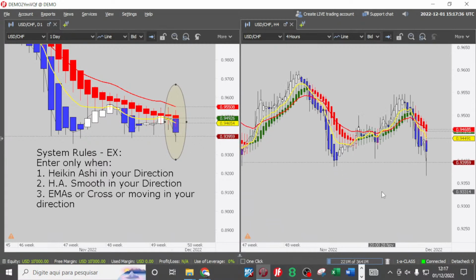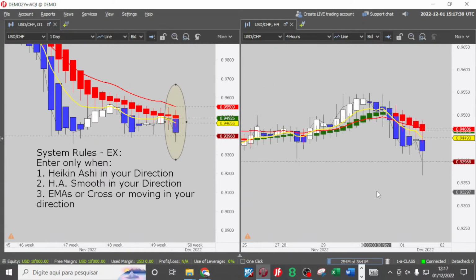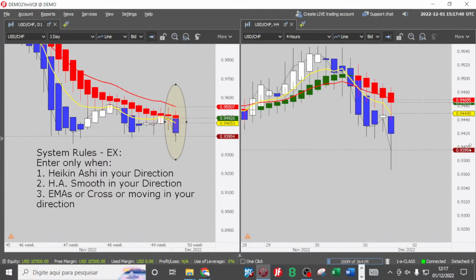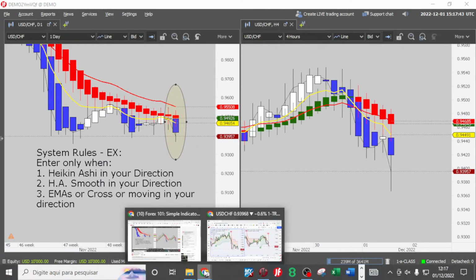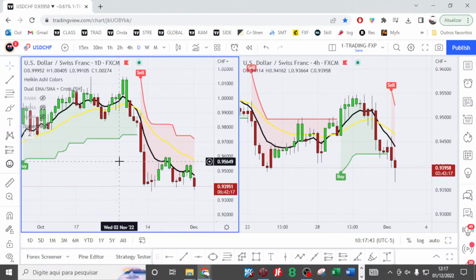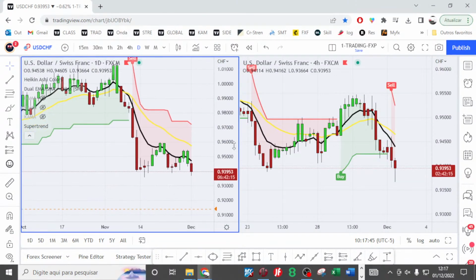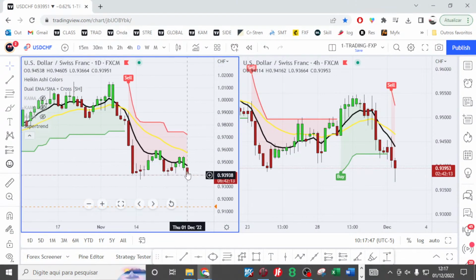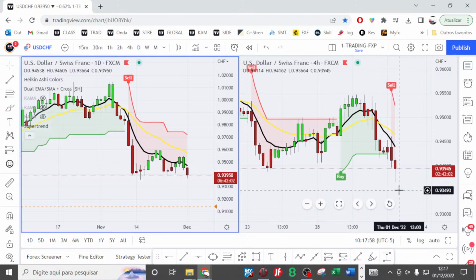Can you enter the market right now on the 4-hour chart? And the same would go for TradingView. Can you enter right now on the 4-hour chart? Heikin Ashi daily is red. The yellow and the black one are still falling, and the super trend indicator is telling you to short the market.